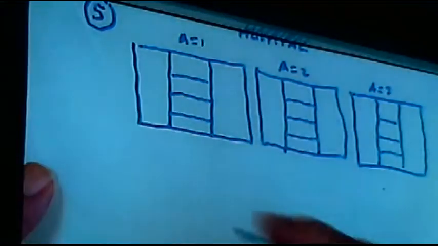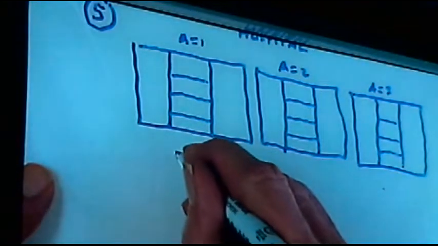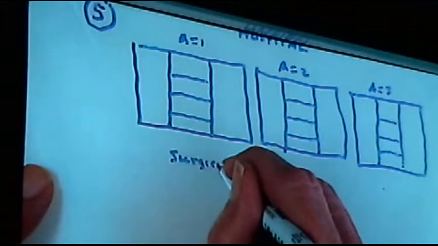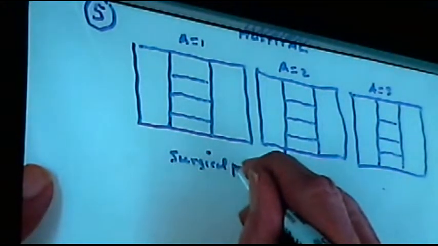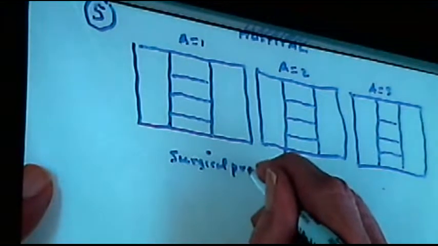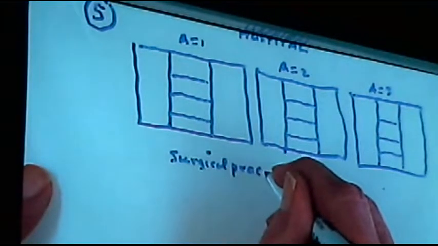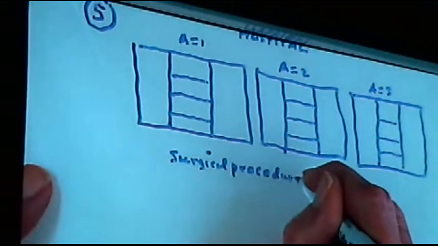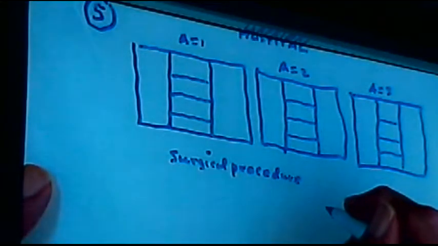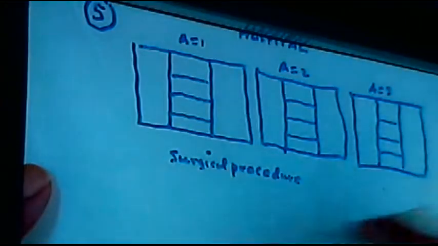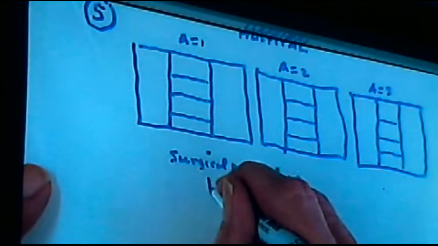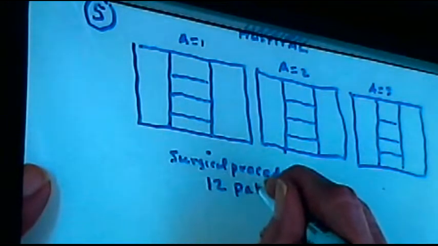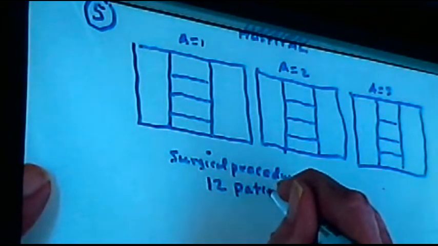All right, now suppose we're studying a certain type of surgical procedure. And there's just one surgical procedure going on here. And what I do, I find 12 patients that need this procedure.